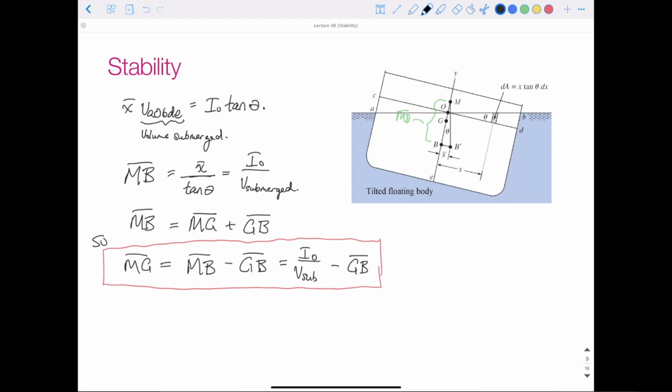So I'll just define a few things here. MG is the distance from center of gravity to metacenter.